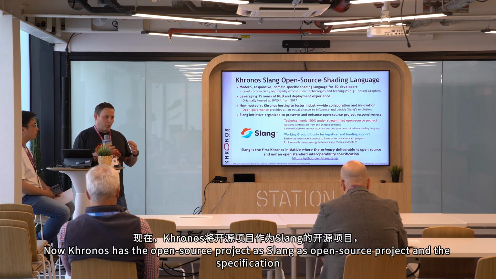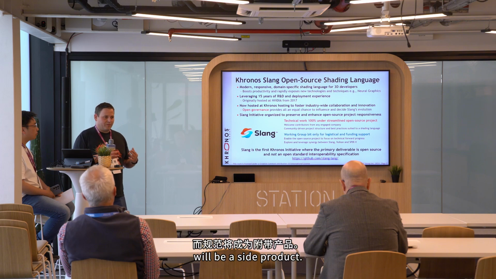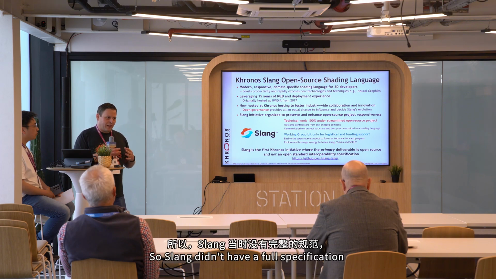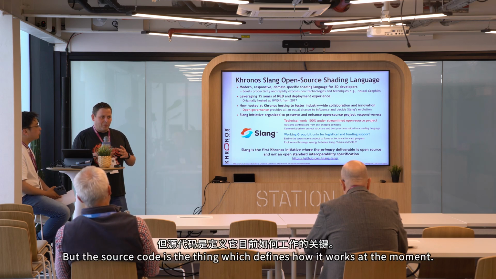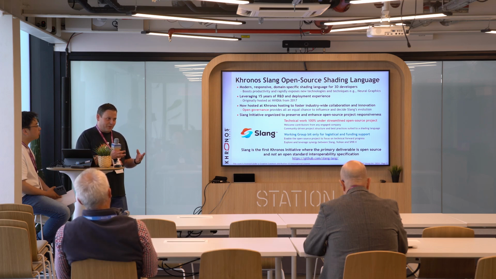Now Khronos has Slang as an open source project, and the specification will be a side product. So Slang didn't have a full specification, but the full specification is now being worked on, but the source code is the thing which defines how it works at the moment.